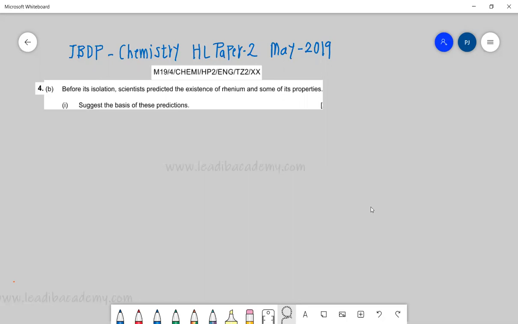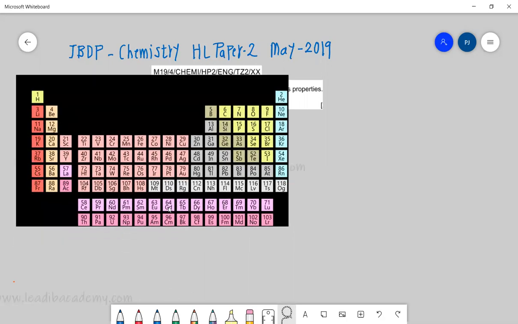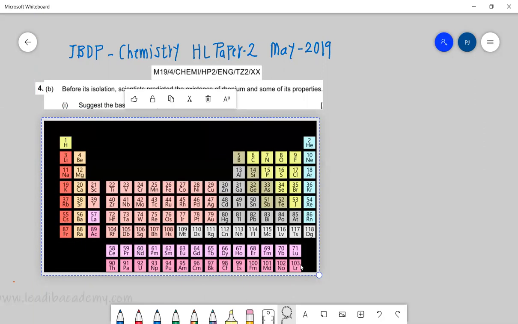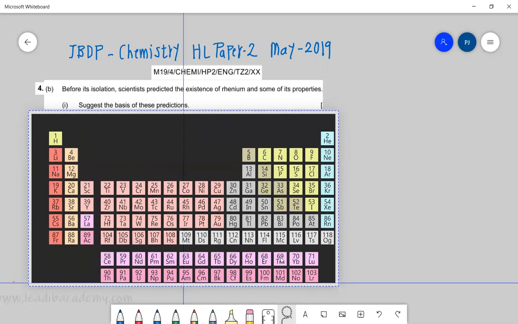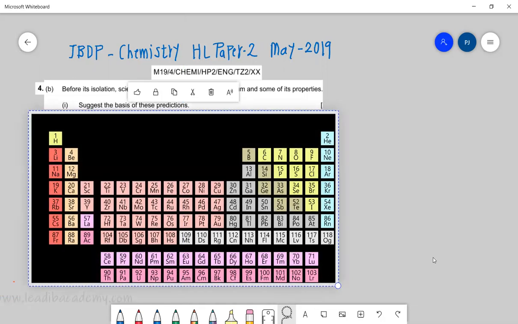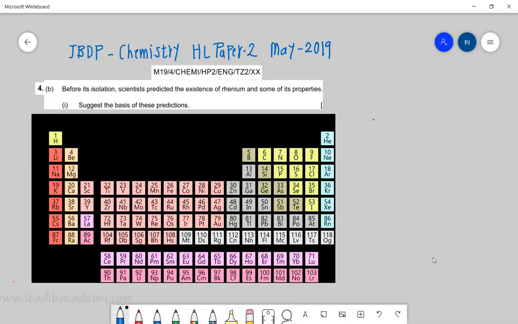This is the modern periodic table, which you are already aware of. The founder or father of the modern periodic table, the inventor of the periodic table, is the Russian scientist Mendeleev.